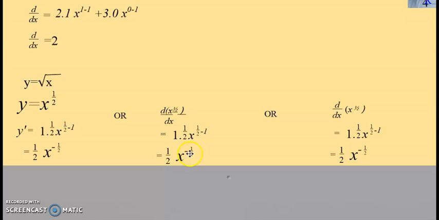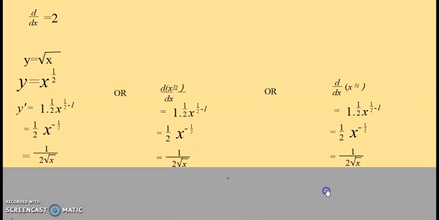Remember, the exponent must always be written as a positive exponent. So this will firstly go underneath the line with a 2, and because it's a half, it's the square root of x. So this will be 1 over 2 square root of x as my final answer.